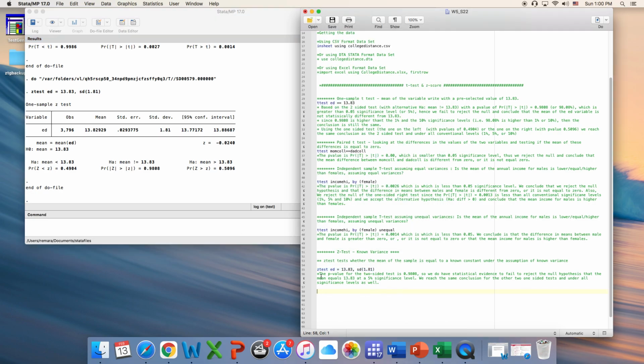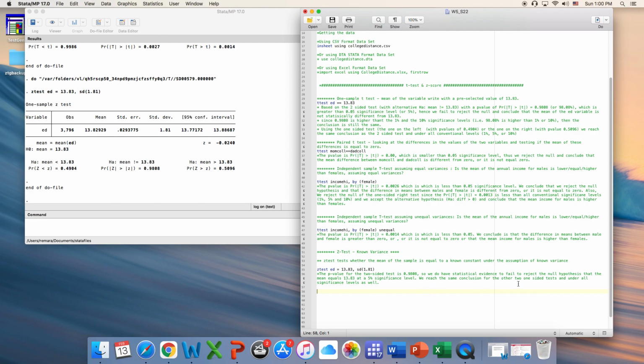Okay, so we have it here. The p-value for the two-sided test is this number. So we do have statistical evidence to fail to reject the null that the mean equals 13.83 at the 5% level. You can actually say at all conventional levels, because this number is bigger than all of them.